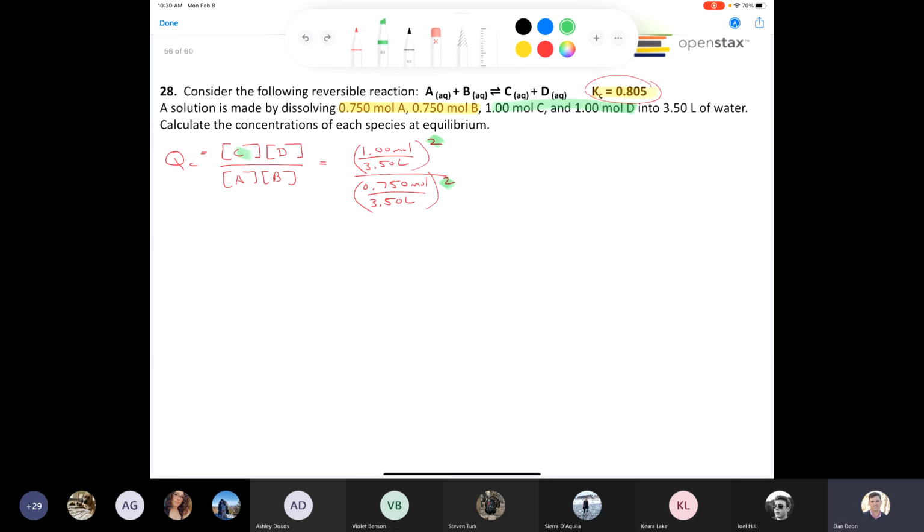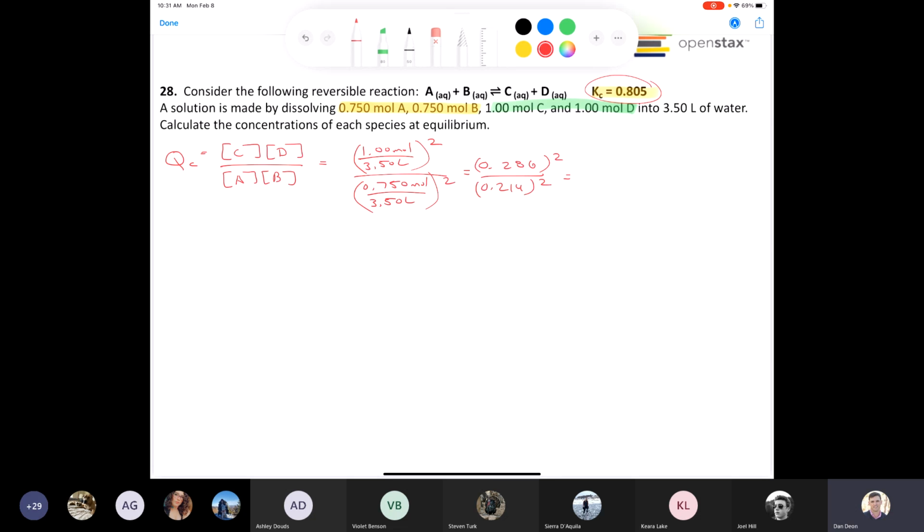When we punch all that into our calculator, let me grab a calculator, we have 1 divided by 3.5, which is 0.286, squared, divided by 0.75 divided by 3.5, which gives you 0.214, squared.